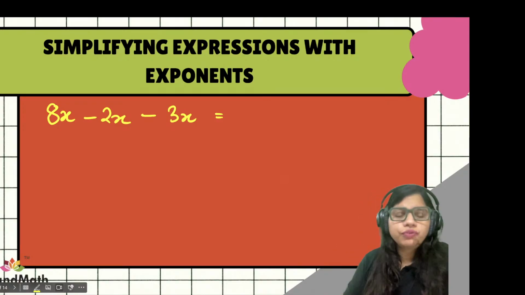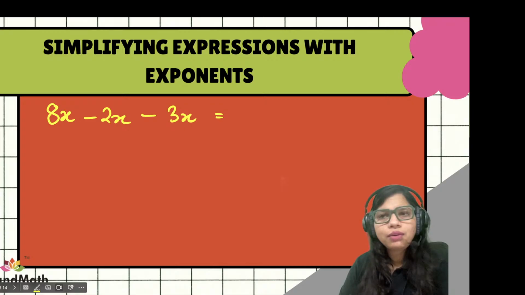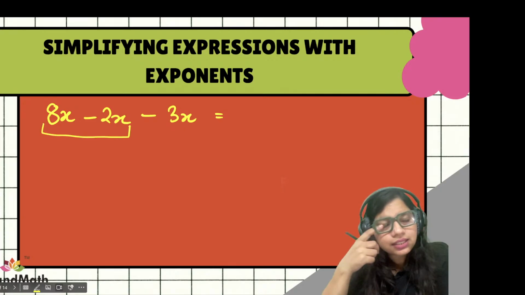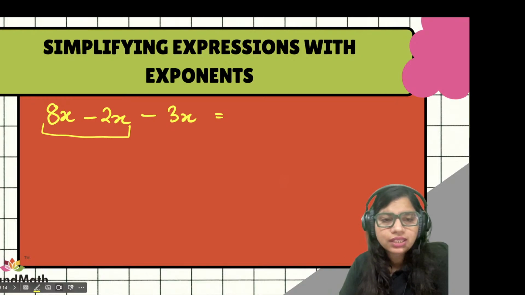Okay. So what we do in here, you can do any way, whatever method you want to go ahead with. 8x minus 2x gives you 6x, and 6x take away 3x gives you 3x.